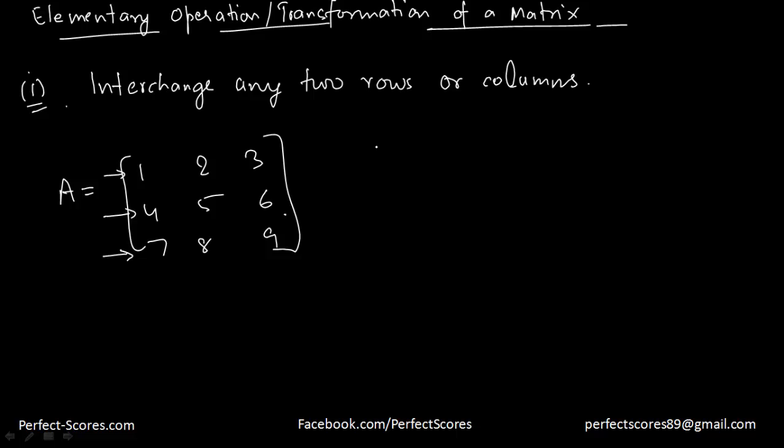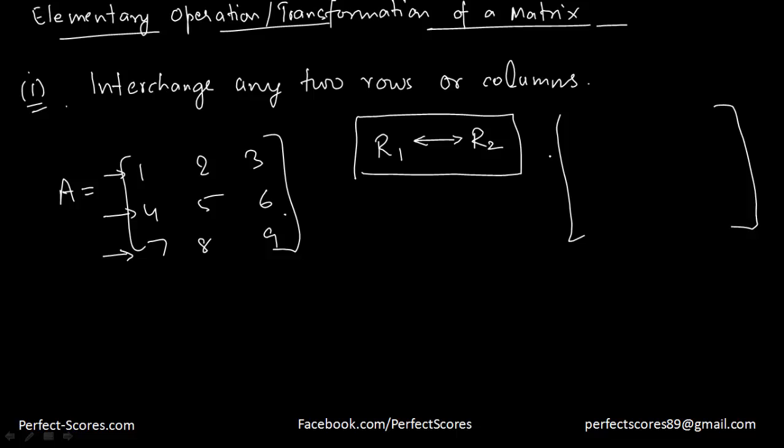Let's suppose I say I'm interchanging row 1 with row 2. This is the way you denote the interchange, that row 1 is interchanging with row 2. Then the transformed matrix will look like this, so row 1 gets interchanged with row 2, and you get this as your new matrix. Similarly, you can interchange columns as well.